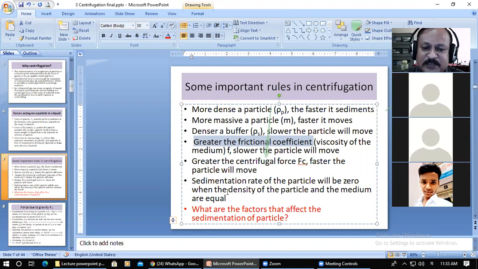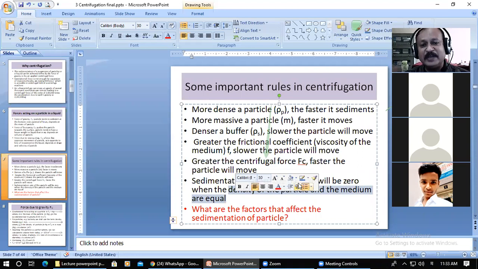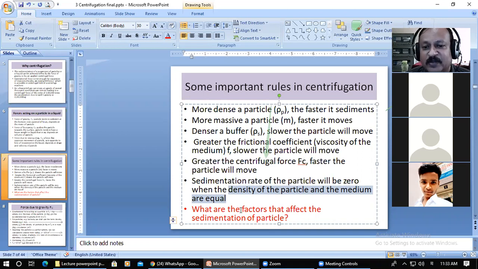And now this is very important: if the density of the particle and the density of the medium are equal, then the particle will not sediment, or rather the rate of sedimentation of the particle will be zero. That is, the net rate of sedimentation will be zero, and therefore the particle will continue to fall to the bottom of the liquid with a constant velocity. That is called the terminal velocity.